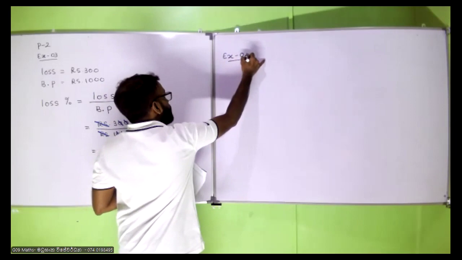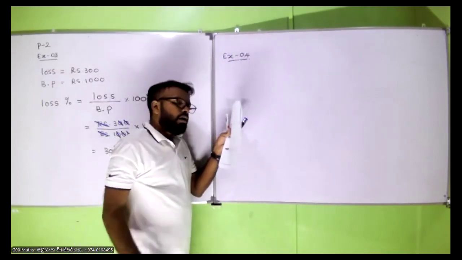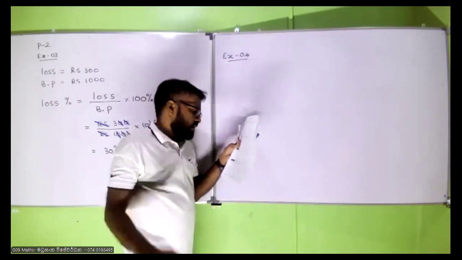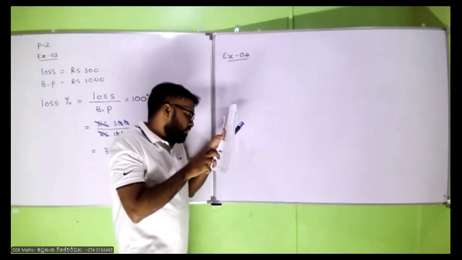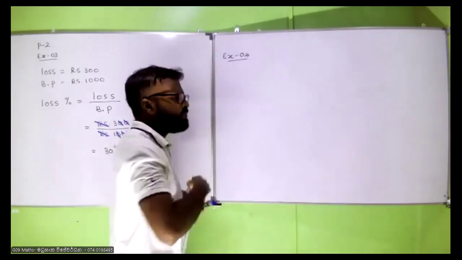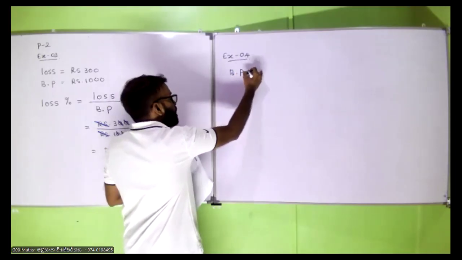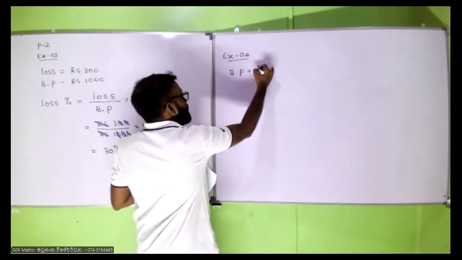Example number 4 is a little bit different. A vendor buys a pair of shoes for 5,000 rupees. The buying price has been given: 5,000 rupees.